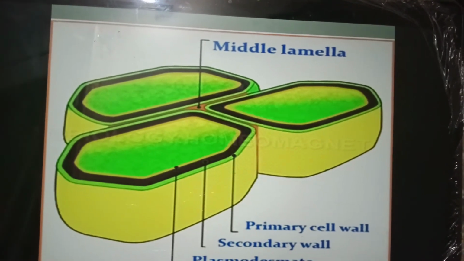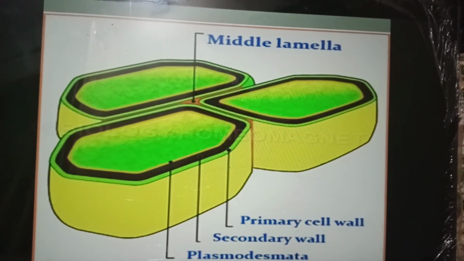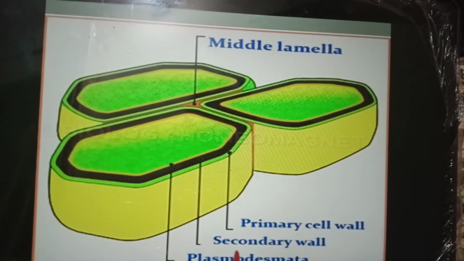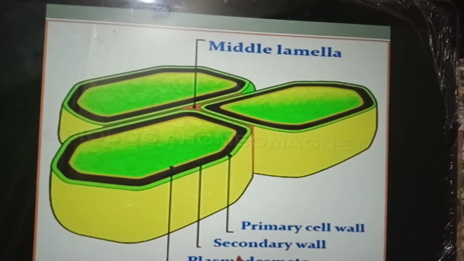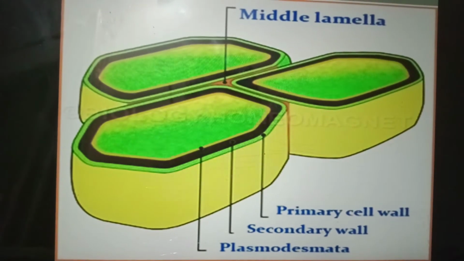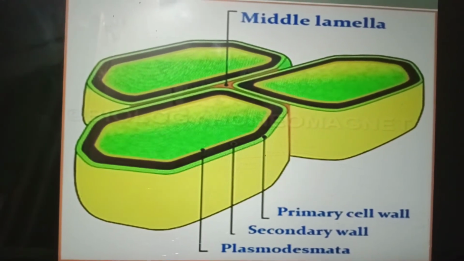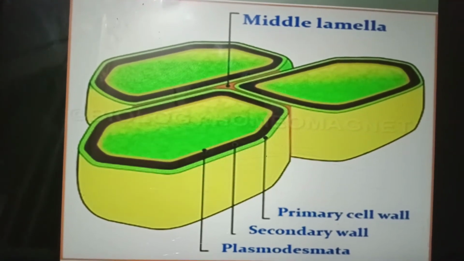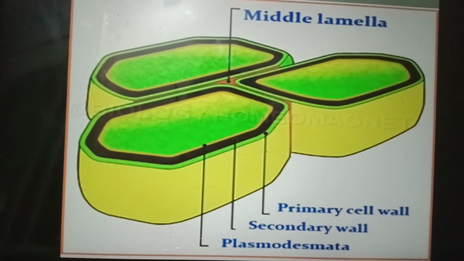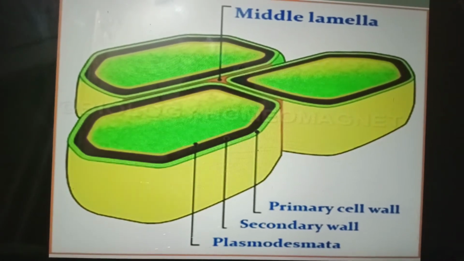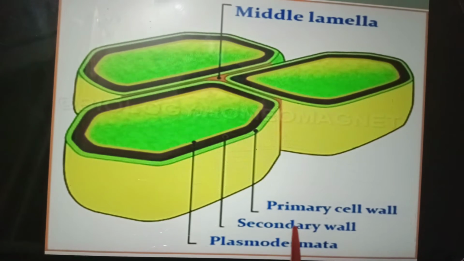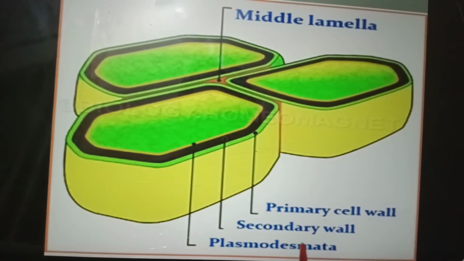Some plant cells, for example xylem cells, also have secondary walls, which are on the inner side of the primary wall. This secondary cell wall is much thicker and contains lignin and some other chemicals.